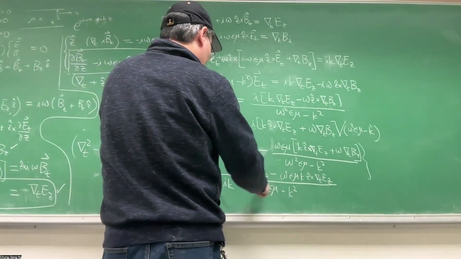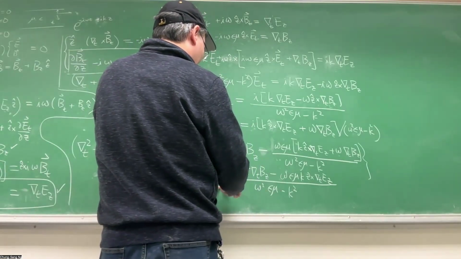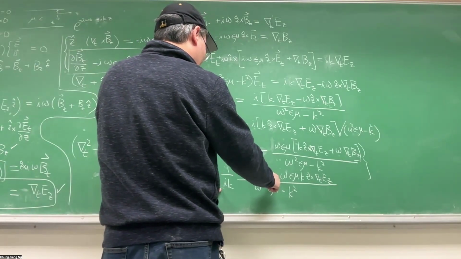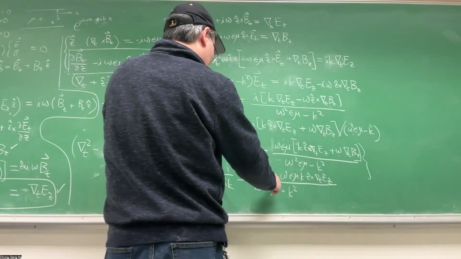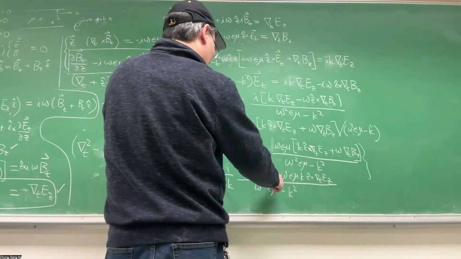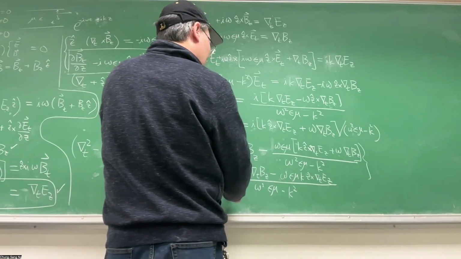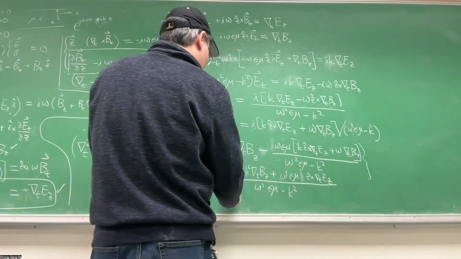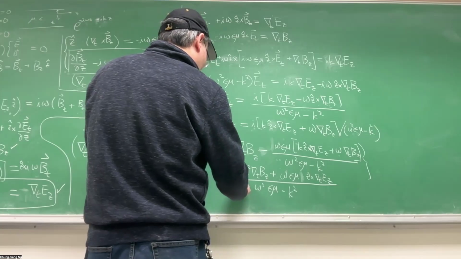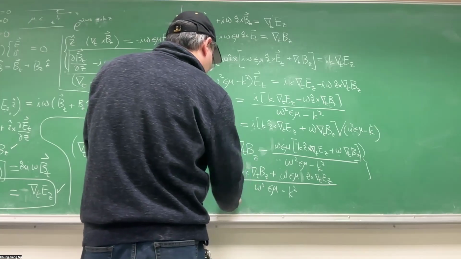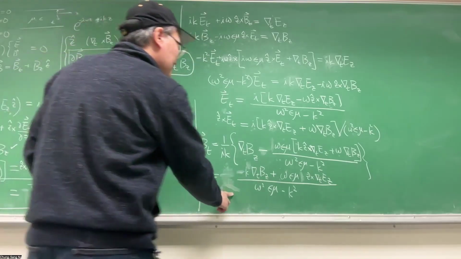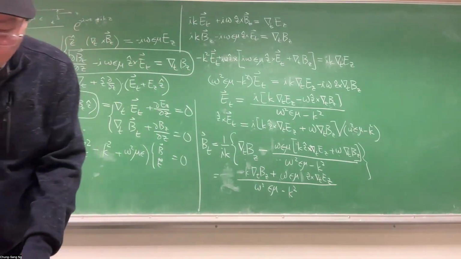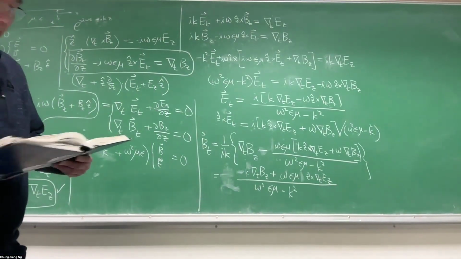And then for the second one, minus ik, minus cancels with that. And there's an i, but it cancels with the k. Get rid of the k. This becomes positive, and this becomes positive. Get rid of the k. That should be the second equation.